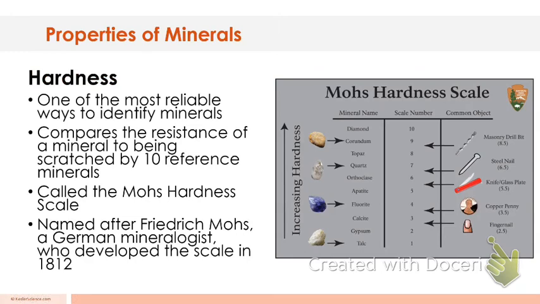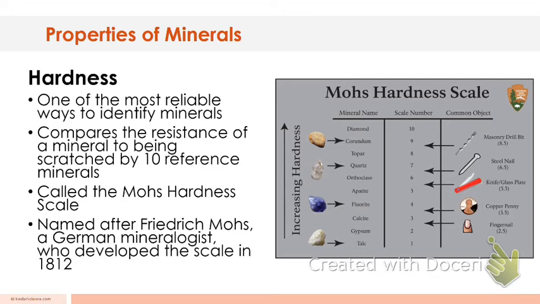So you can be out exploring nature, and you can have a masonry drill bit with you, you can have a steel nail, a knife, a copper penny, and your fingernail, and you can have all of these different things to test the hardness of a mineral. So if you had calcite in your hand, you'd be able to scratch your fingernail, but you would not be able to scratch a penny because calcite has a hardness of 3.